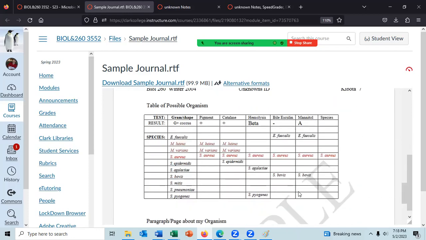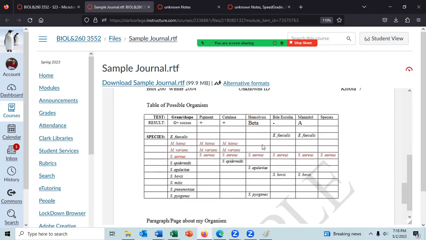He's showing you the table he used to identify the species. And it looks like he identified this as Staphylococcus aureus. And it mainly came from beta hemolysis. It looks like he's doing two tests to confirm it.